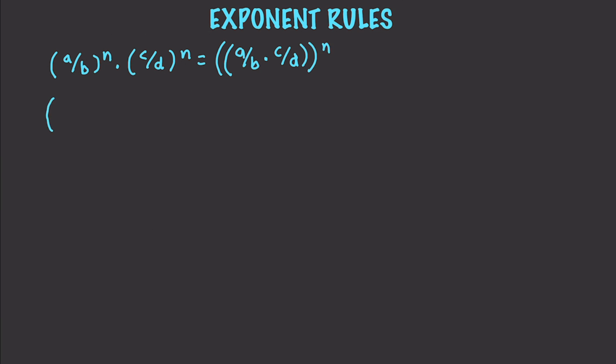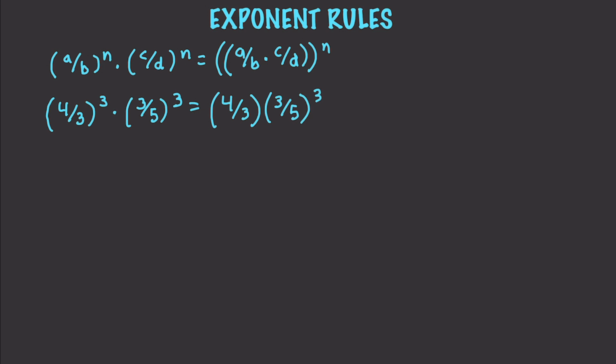An example of this would be 4 over 3 to the third times 3 over 5 to the third. We can just go 4 over 3 and 3 over 5, multiply those, and then to the third. All right? And that's going to end up being equal to 4 over 5 to the third.